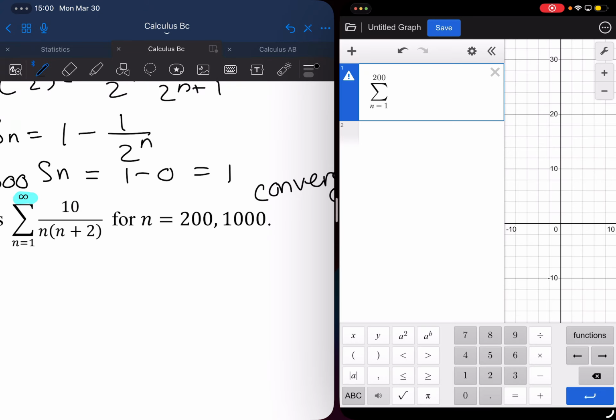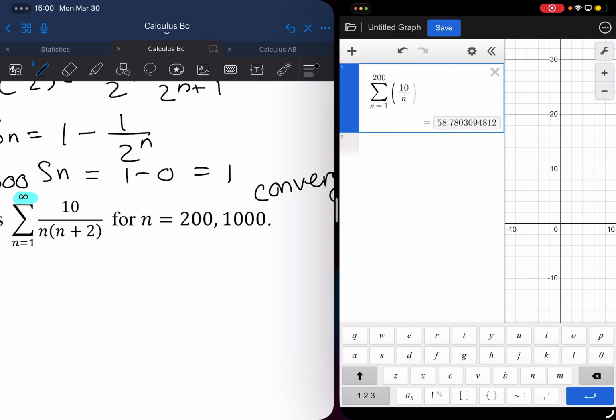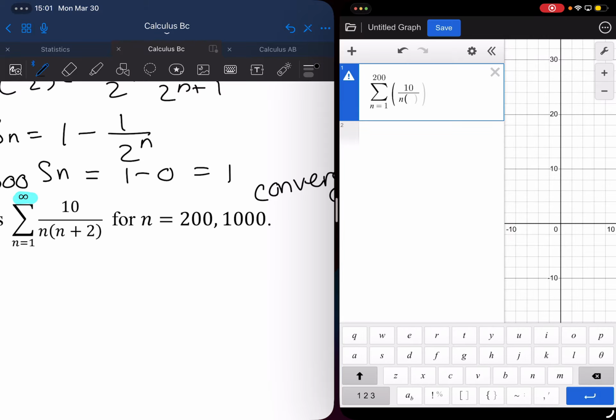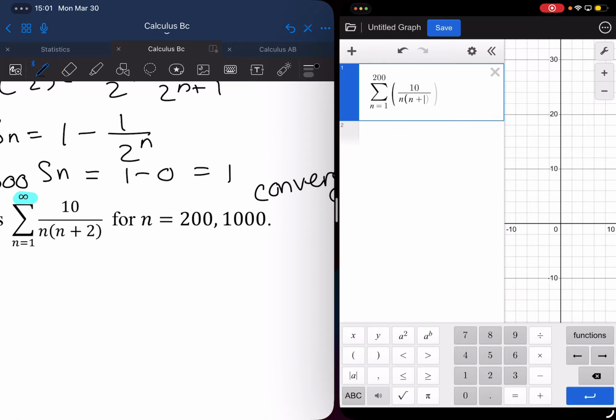Okay, then I'm going to write the equation here. So this is 10 divided by n times n plus 2. And then notice right away it gives us our answer. So when n is 200, the summation, or s sub n, is equal to 7.45.